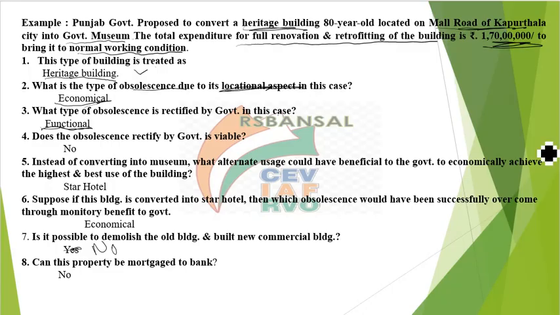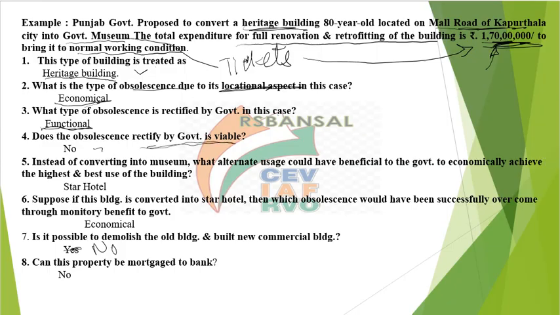Is the obsolescence rectified by the government viable? No, because to earn money the government can get revenue from the tickets for this museum, but it is not easy to collect revenue of such an amount from tickets. So we say that the obsolescence rectified by the government is not viable.